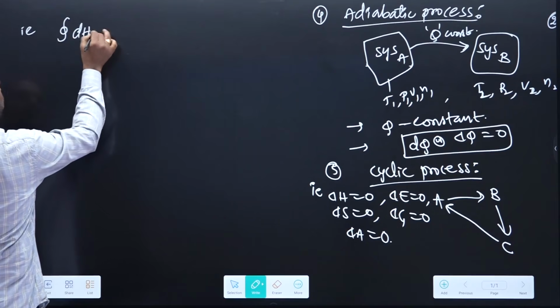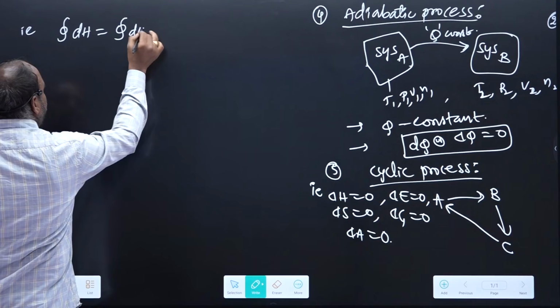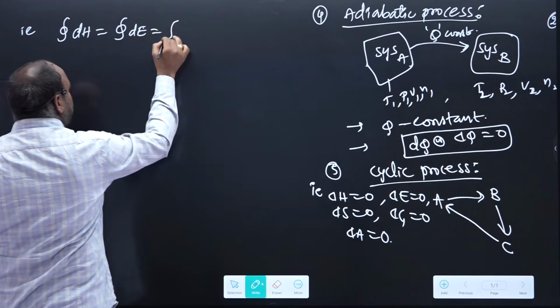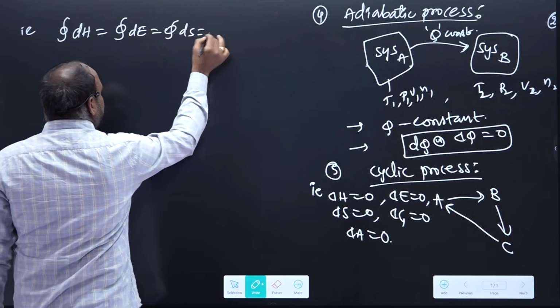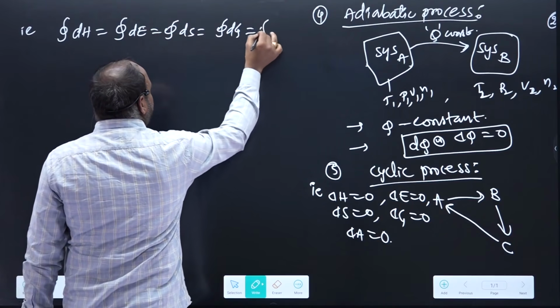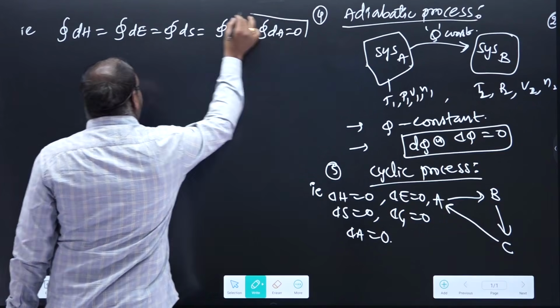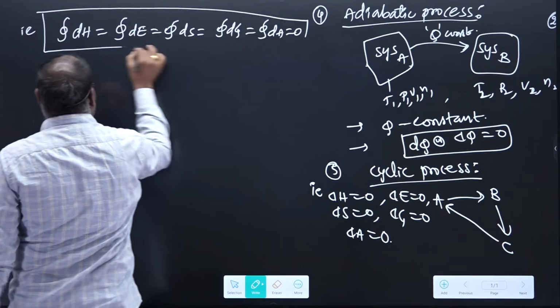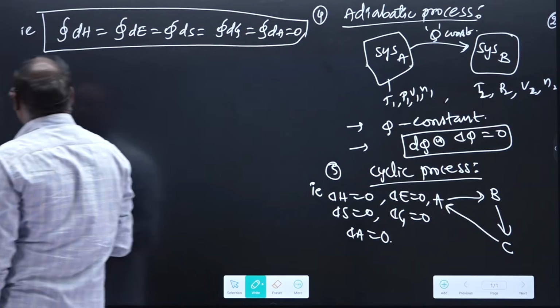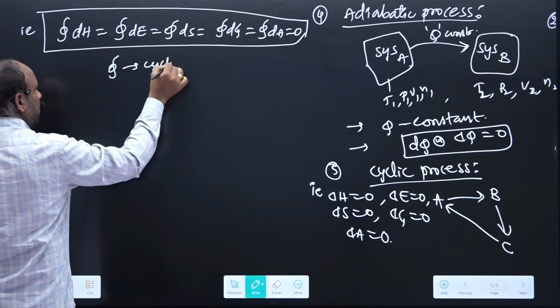So the closed integral of dH, of dE, of dS, of dG, and of dA becomes 0. This closed integral symbol indicates a cyclic process.